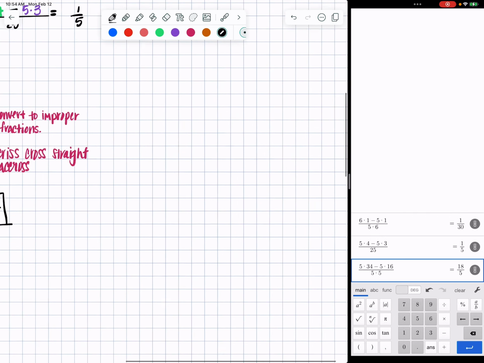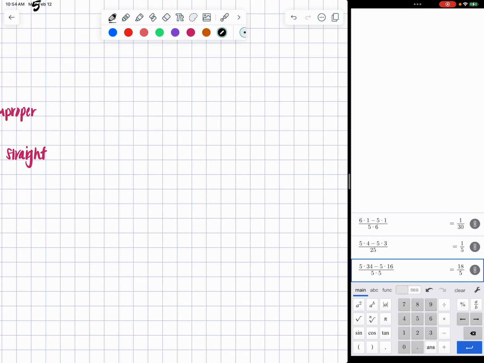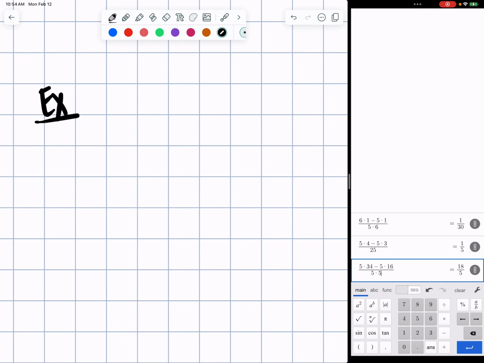So we'll do another one. Let's do 7 1/2 minus 2 1/3. First step, change them to improper fractions.